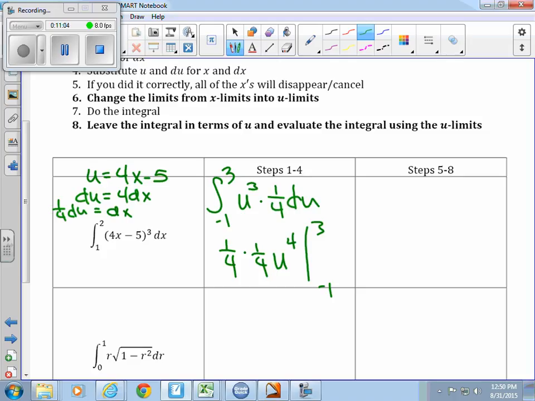And what do I get if I plug in 1 and 2 into 4x minus 5? Negative 1 and 3. So you see that it's just done that step already. It's plugged it in, taken care of. So I get 1/16 times 3 to the 4th minus 1/16.